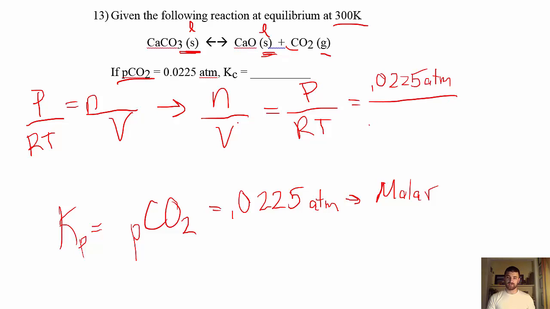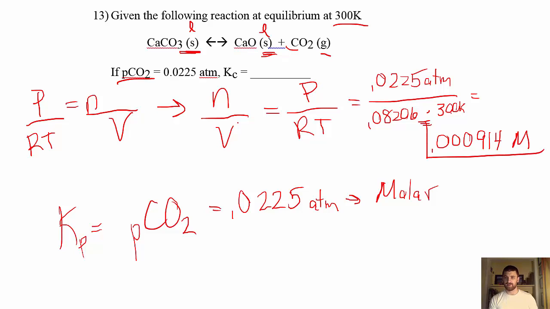The R is a constant. You have to make sure you use the right one depending on the units, atmospheres. So I use 0.08206, and then I multiply it by 300 K. Now I just use my handy calculator, and I get 0.000914 molar. Because of the units, it's going to end up in moles per liter. So good to go. This is my final answer.